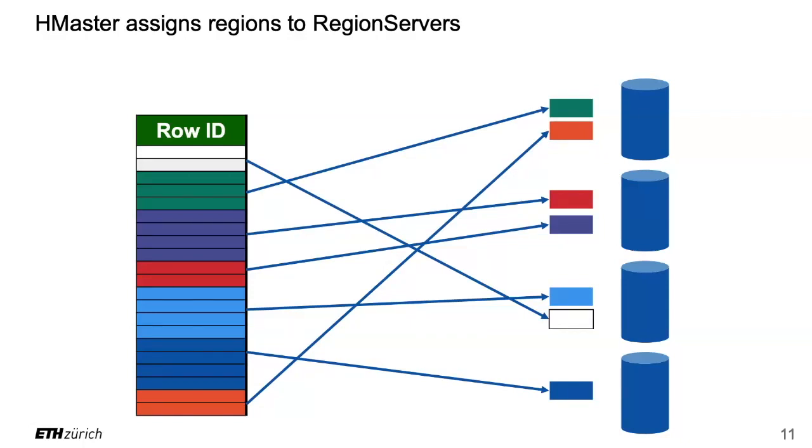Do we also create replicas for the partition of the table? We don't. Do you know why? Can you guess why? Remember that there's HDFS below where the data is stored.